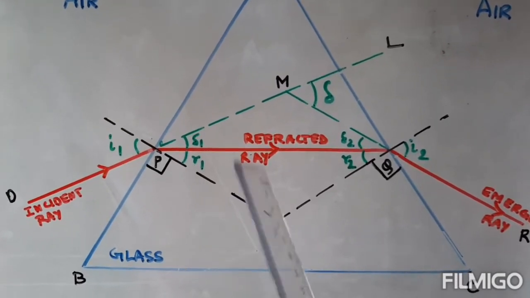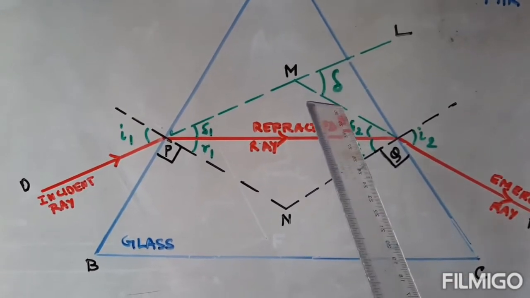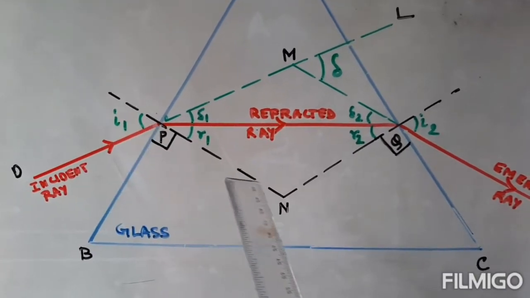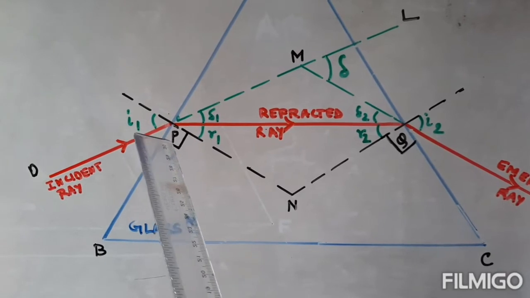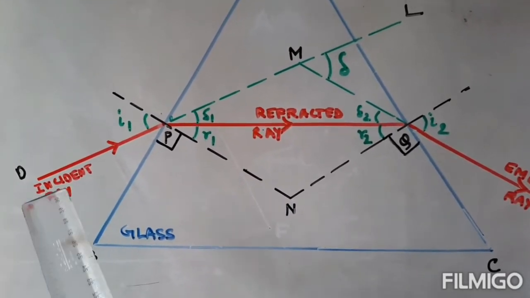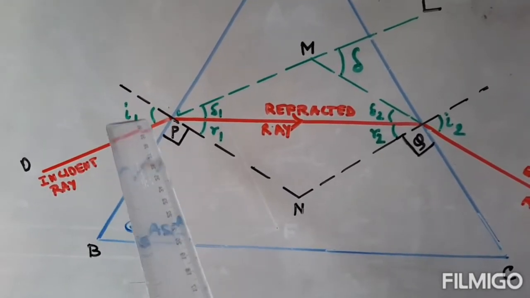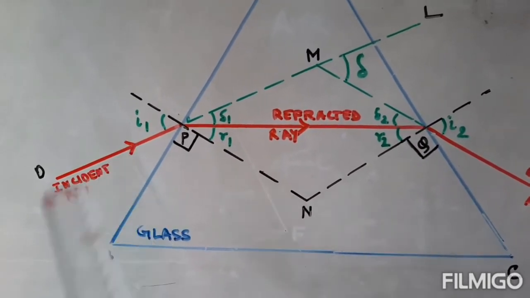Now, the angles. We are going to find out the angle of deviation, that is delta. For that, we have dropped two normals, PN and QN meeting at N. The angle of incidence between the incident ray and the normal we have denoted by I1.